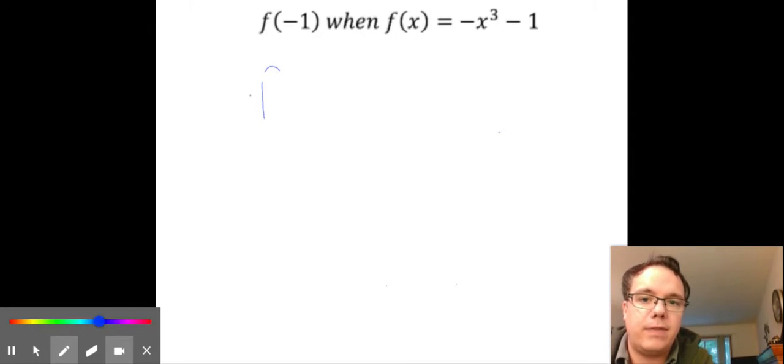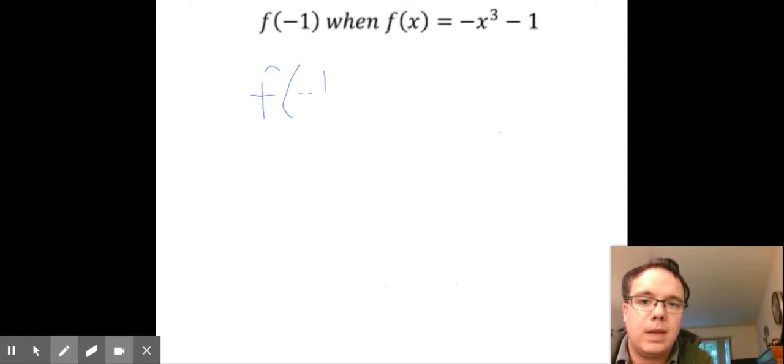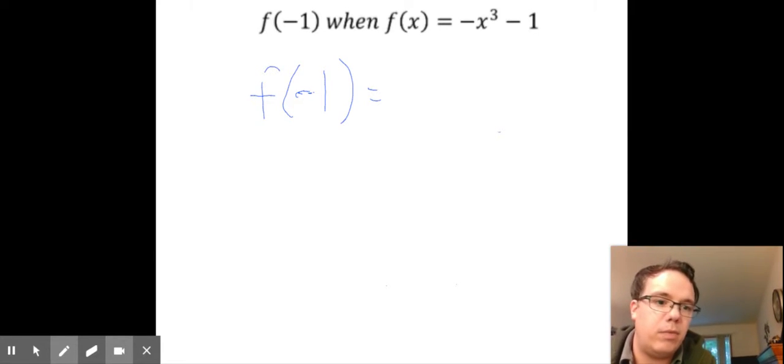So to find f of negative 1, we are going to plug in negative 1 whenever we see an x. Now, when this is the opposite of x cubed, we're going to keep that negative, or that opposite, out front. Replace the x with a negative 1 cubed minus 1.